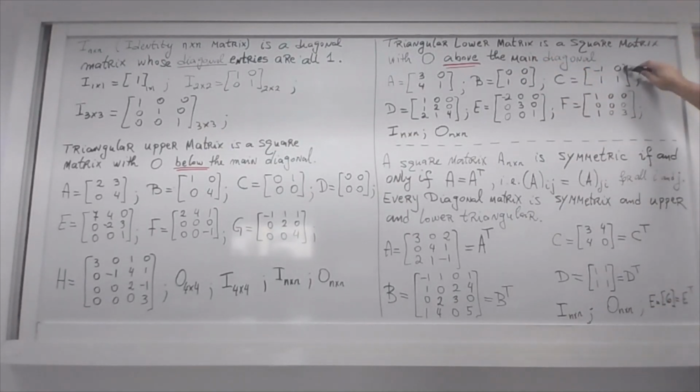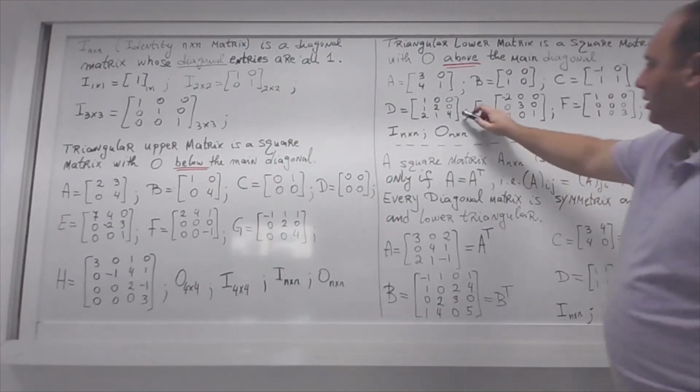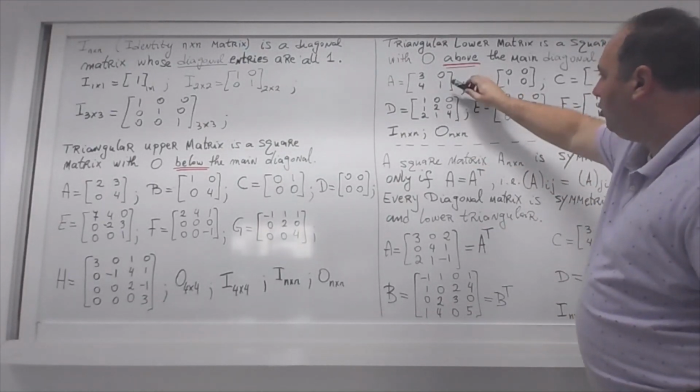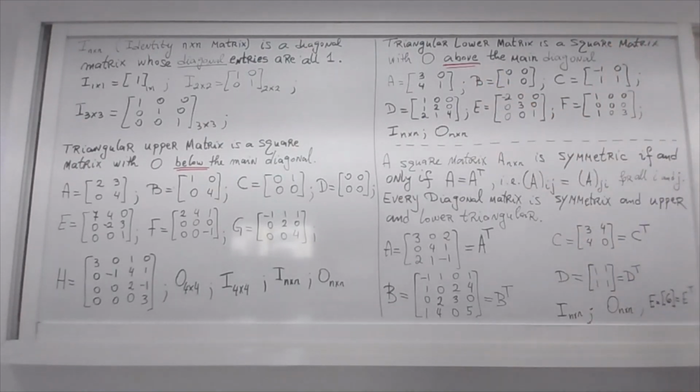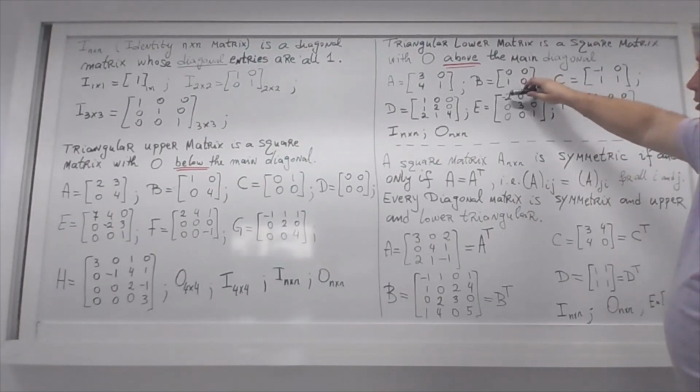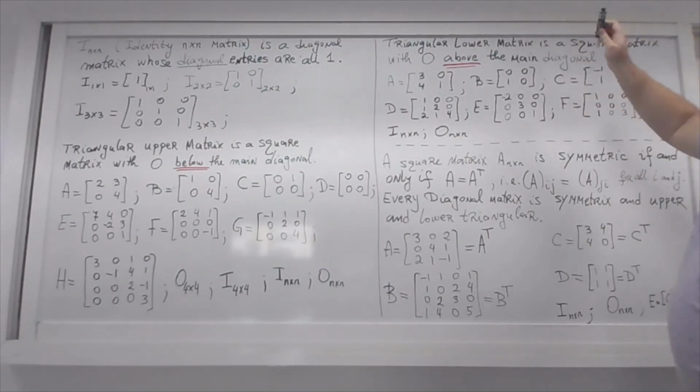We only care what is above the main diagonal. It's 0, so this one is lower triangular matrix. In this case, 3 by 3, again, main diagonal, above all zeros, so this is lower triangular matrix. In this case, we have our main diagonal, and we have zeros above, so this is lower triangular matrix.